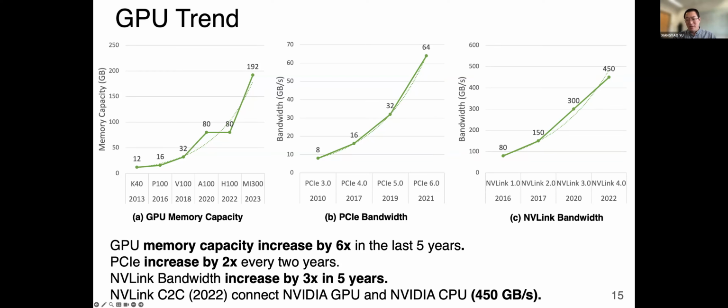So with that technology, maybe the bandwidth limitation between CPU and GPU can also be resolved. With all of these trends, we feel that if you really care about performance, maybe GPU is the only choice going forward.